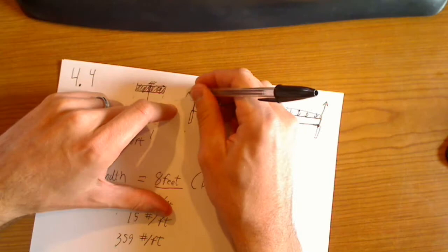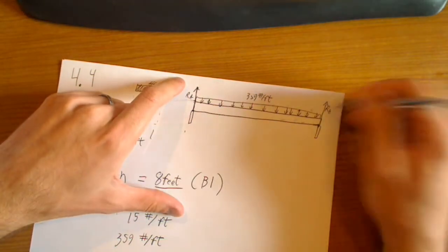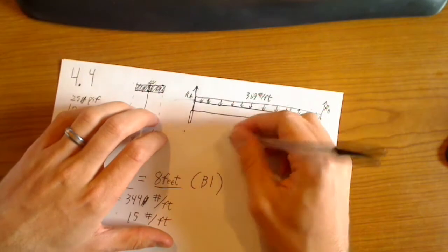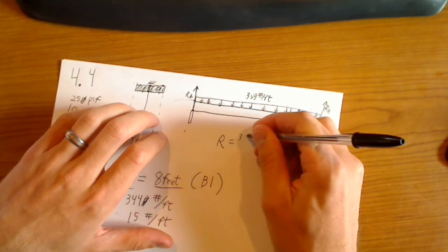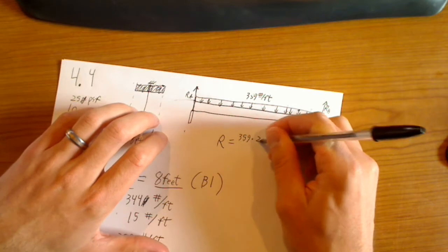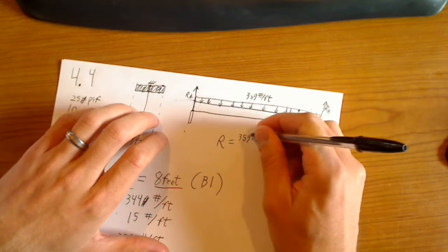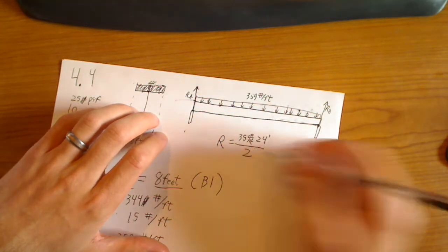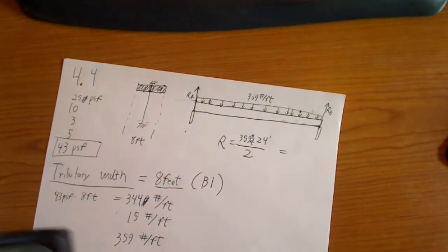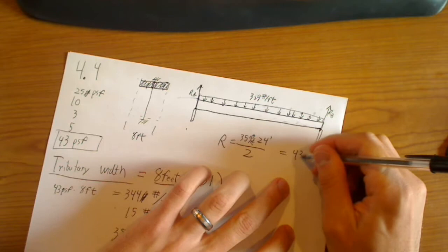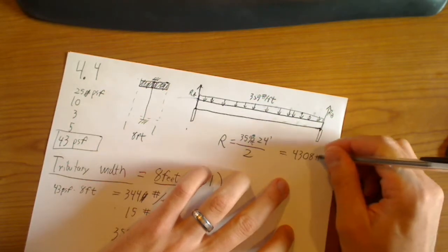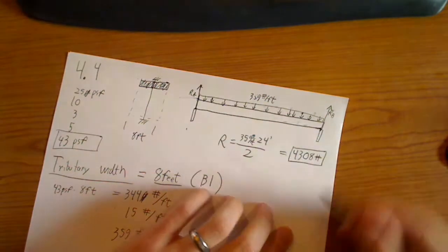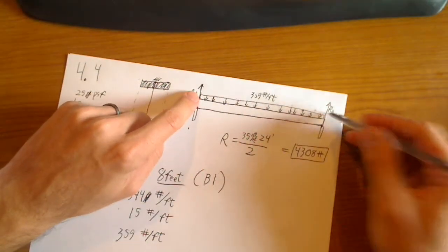If we call this RA and this RB, those loads would be 359 pounds per foot times 24 feet, all over 2. So the reaction load is 4,308 pounds, both here and here by symmetry.